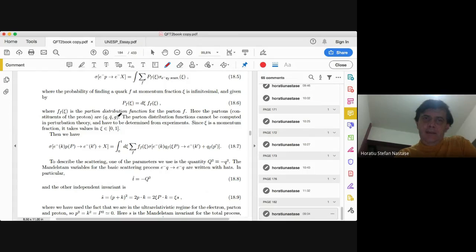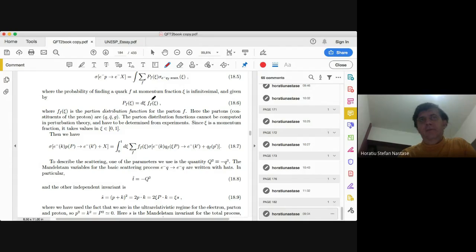As I said, the partons or constituents of the proton are understood to be quarks, antiquarks, and gluons, either real or virtual. Doesn't matter. So quark and antiquark means all the quarks and antiquarks.